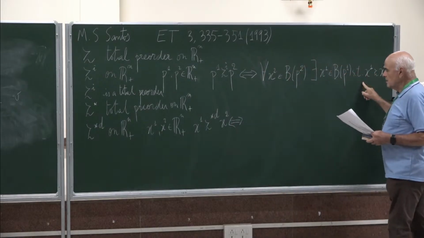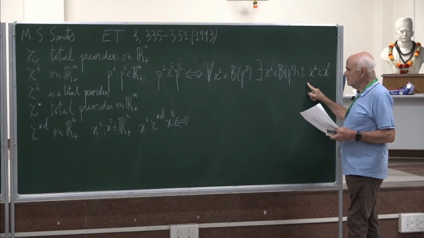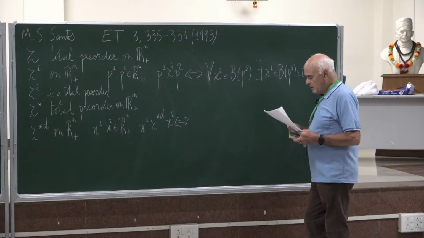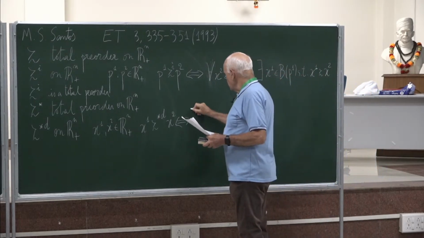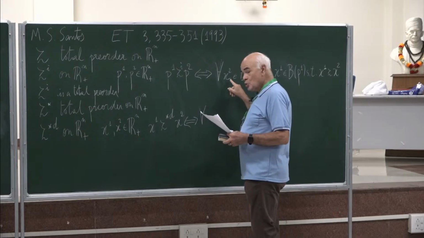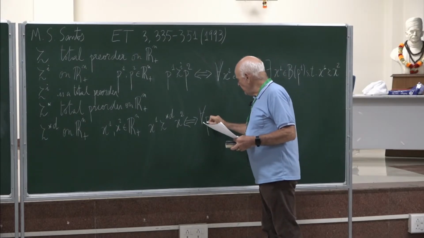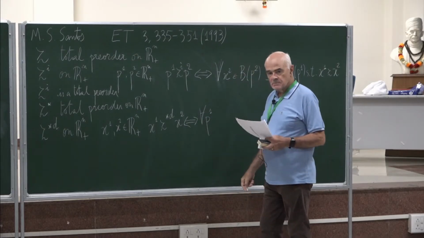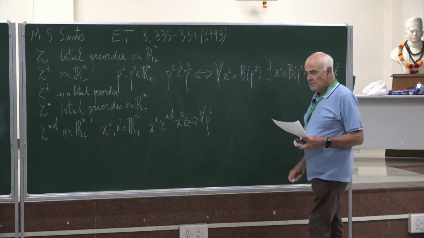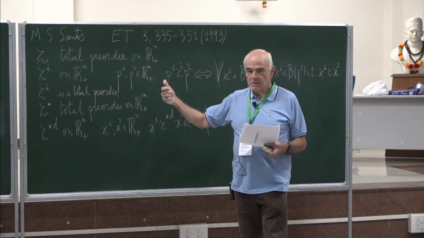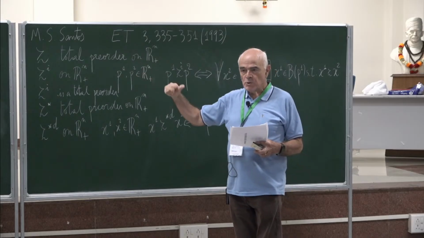something similar to what happens here, but you will see the difference. Here it was for every x2. Now it will be for every p1, reflecting the change from supremum to infimum.